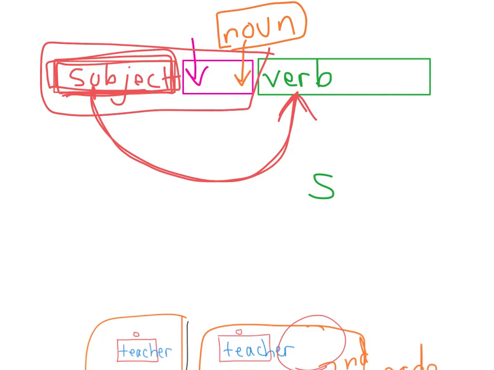But if it's more than one, then we don't want that S. So it is important for us to find that subject. In this sentence, the prepositional phrase here is telling us more information about the subject. It's telling us which subject we are talking about.